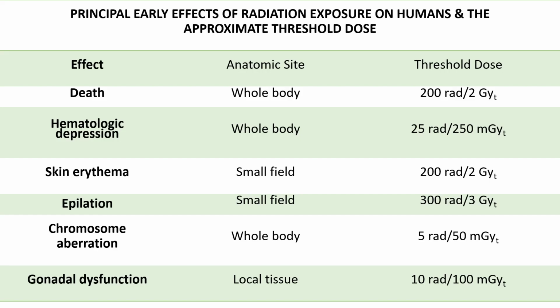Okay, that is the dose threshold, and the effect is death. Okay, for the hematologic depression or hematologic syndrome, okay, the whole body again is the anatomic site. So you need to have a dose threshold of 25 rad or 200 milligray.